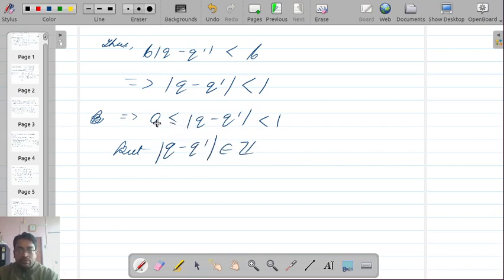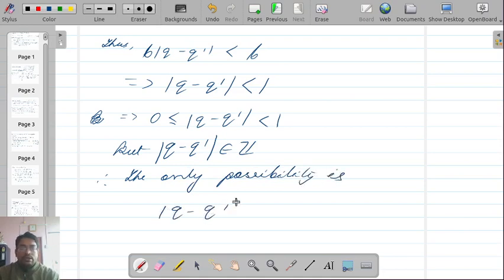So it's an integer lying between 0 and 1, and it is not equal to 1. So what is the only possibility? So therefore the only possibility is mod of Q minus Q dash is actually equal to 0. So that means Q is equal to Q dash.